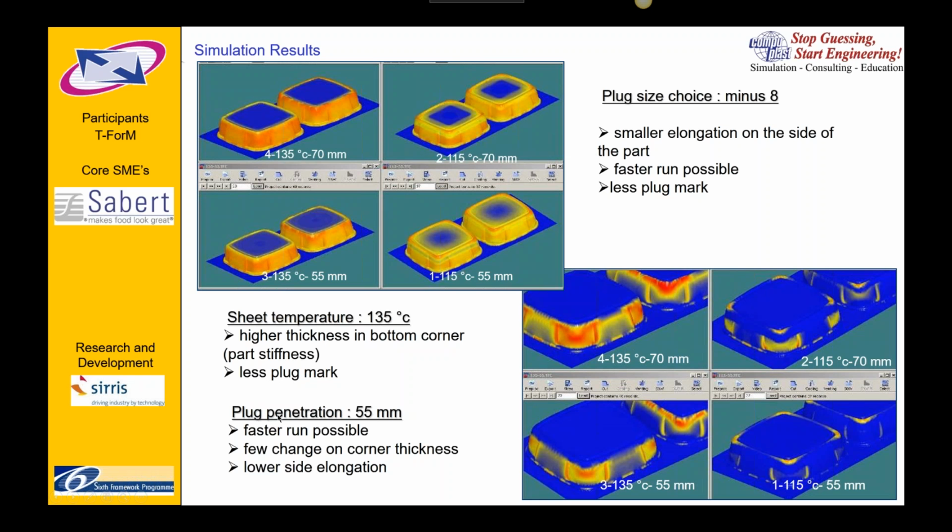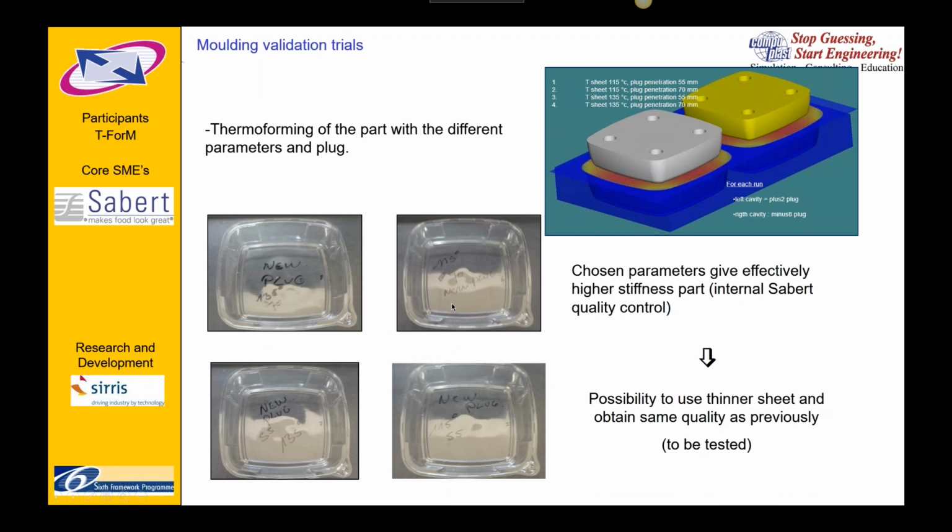And with the plug penetration of 55 millimeters, they were able to run faster. They had less change in the corner thickness and lower side elongation. So by running these studies, they could optimize the part thickness distribution, and this effectively resulted in the possibility of using a thinner sheet to obtain the same quality or the same stiffness.